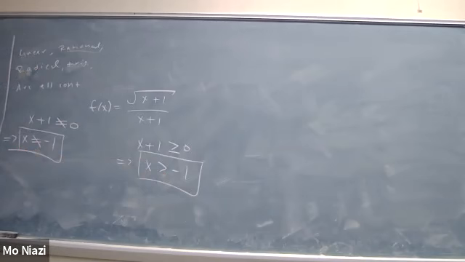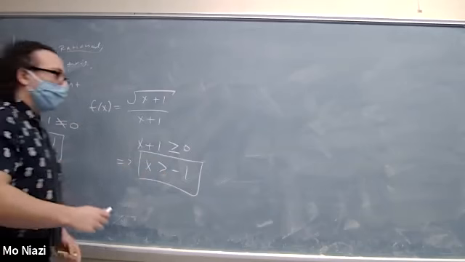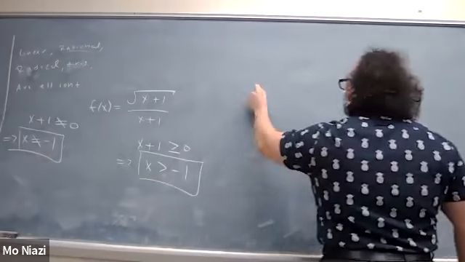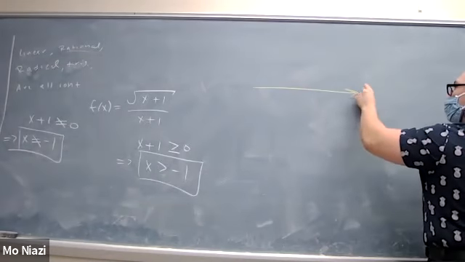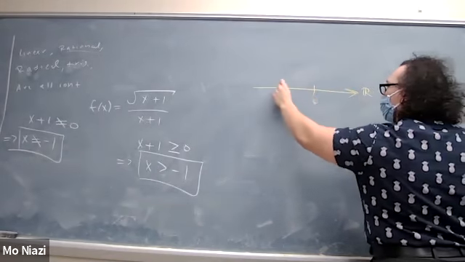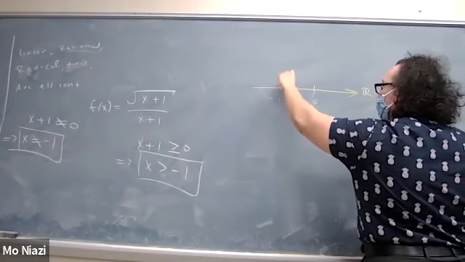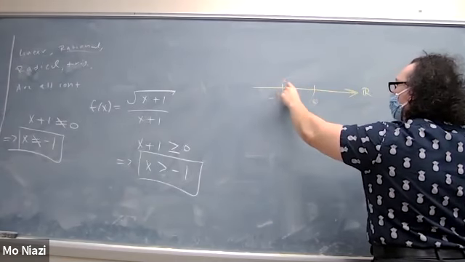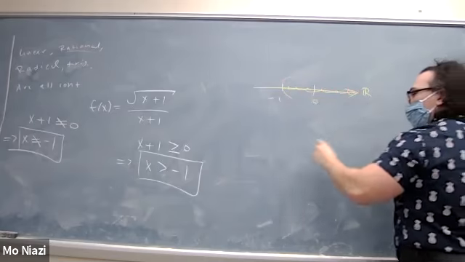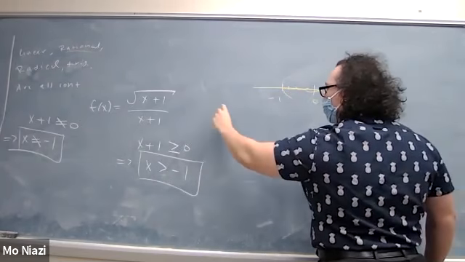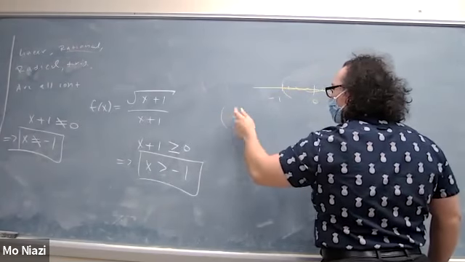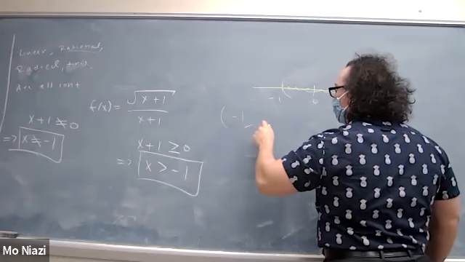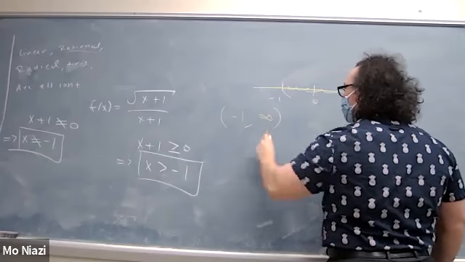So what it's saying is we can't be negative 1, and we have to be greater than negative 1. So on the number line, here's 0, here's negative 1. Basically, we're everything except negative 1 to the right. So the domain in which this function is continuous or defined is from not including negative 1 to positive infinity.